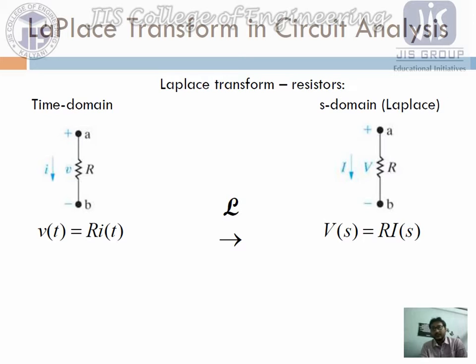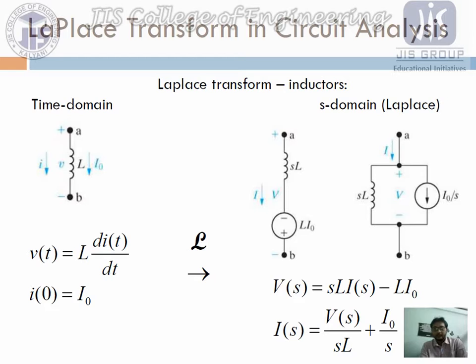Okay, so similarly as there is a resistance, there is no problem, but if in place of this resistance there is any inductance or capacitance, then what happens? If there is an inductance, normally for any inductor, in time domain we have I, the amount of current flowing through the inductor, V, the voltage across this inductor, and L, the value of this inductor, and where this is I0, the main concerned thing.